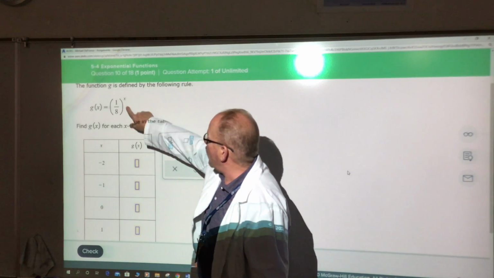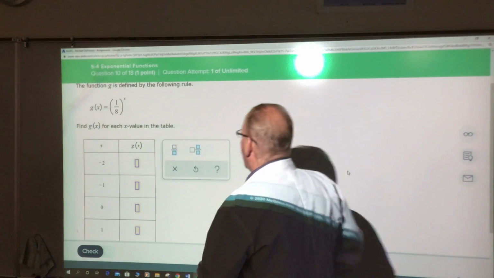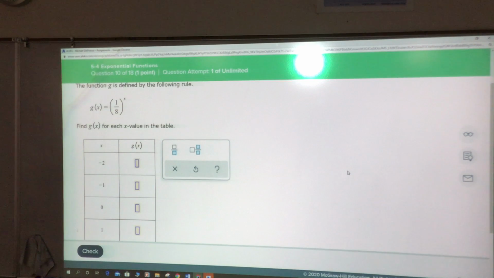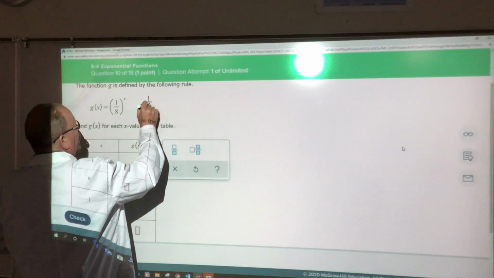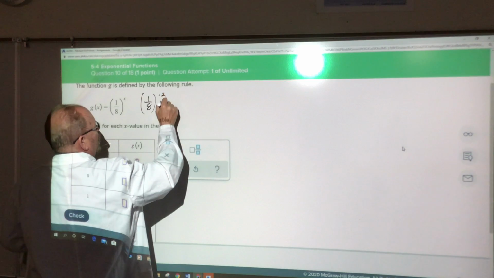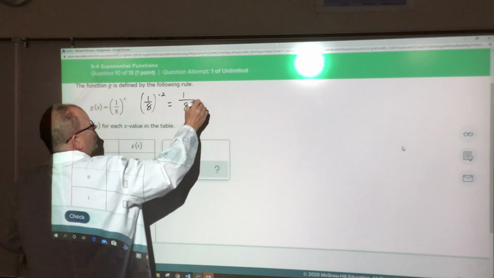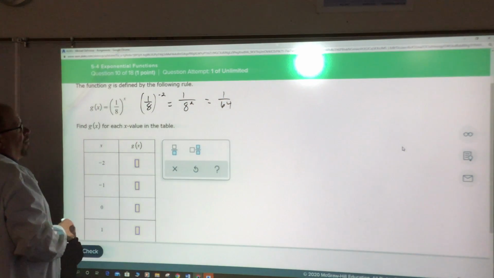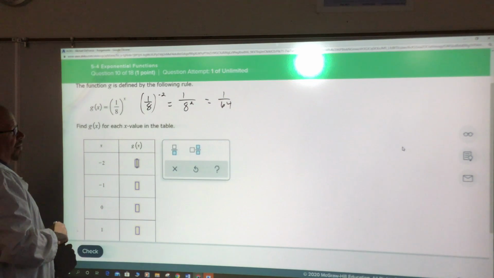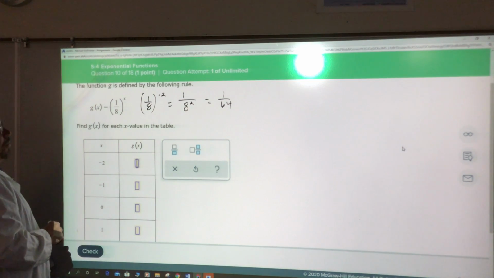So when I put in -2 and put in -1 and put in 0, so 1/8 to the -2 is the same as, remember this review from 8th grade, 1/8 to the -2, same as 1/8 to the +2, same as 1/64. Okay? Remember that? No? I hope you remember that.